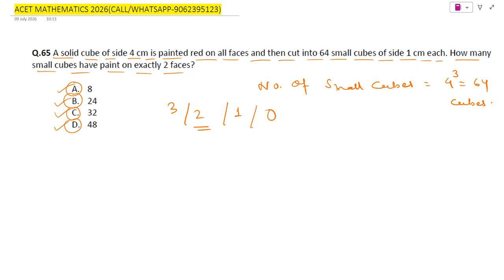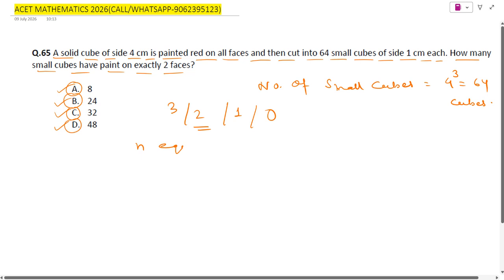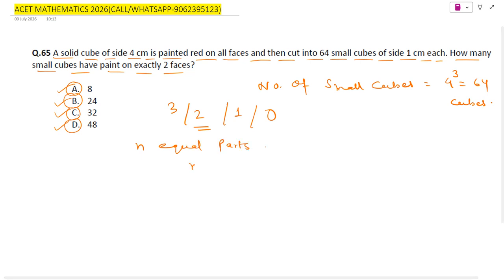Okay. Now suppose a cube has sides divided into n equal parts. Each edge contains n cubes. Out of this, the first cube and the last cube are corners. So the remaining cubes on the edge are n minus 2.